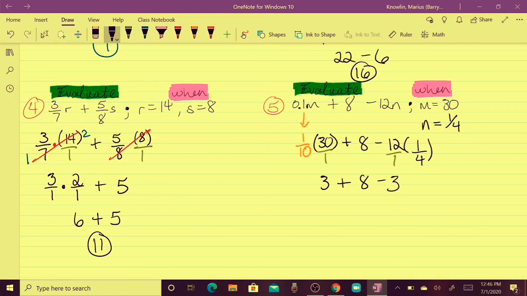And now we continue working left to right. 3 plus 8 is 11. 11 minus 3 is 8. And that is how you substitute and evaluate.